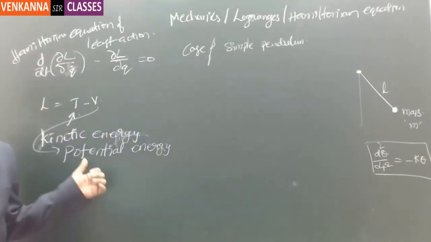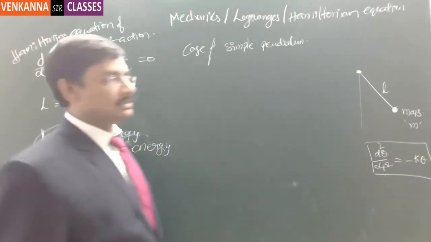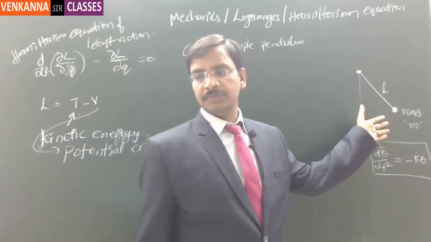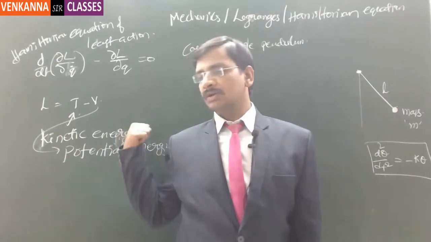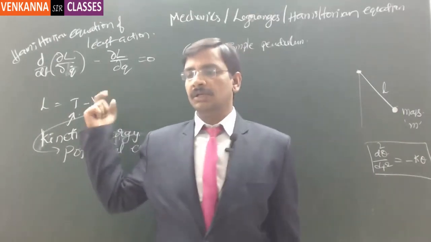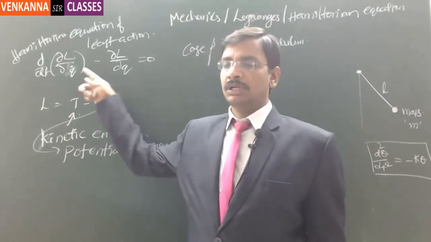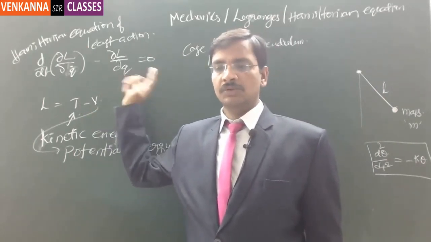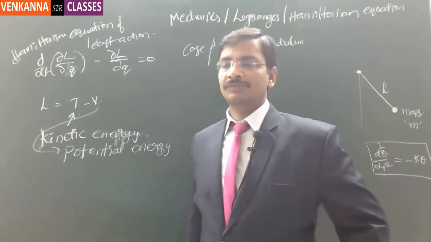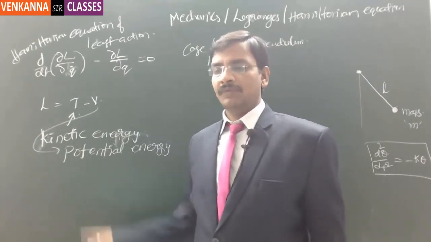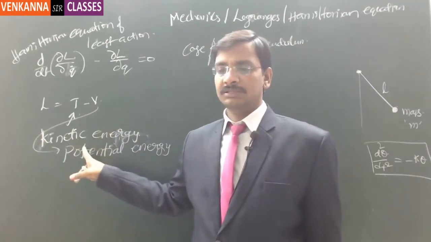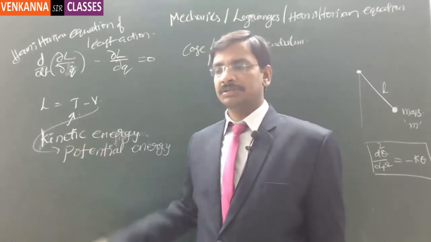So what you need to do is, I think you joined late, Samrin. There is a simple pendulum. With the help of the Lagrangian and Hamiltonian equation, that is d by dt of dou L by dou q dot minus dou L by dou q is equal to 0. This is the equation of least action, where L is given by T minus V and T is the kinetic energy and V is the potential energy, right?